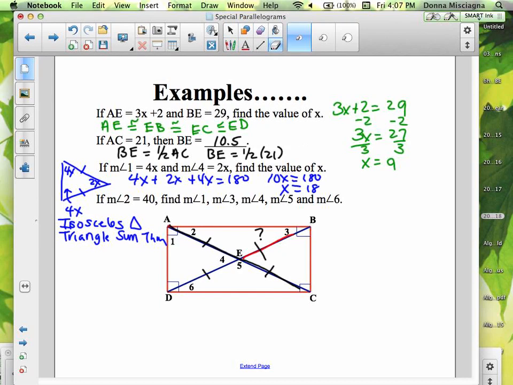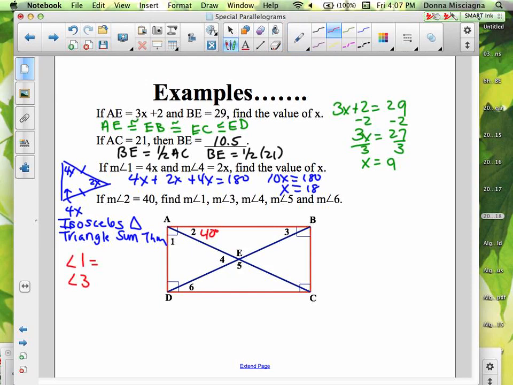All right, let's do the last one, and we're going to find the measures of all of the angles. Again, I'm going to erase this so we have places to write. We're given that angle 2 is 40 degrees. We want to find the measure of angle 1, angle 3, angle 4, angle 5, and angle 6.